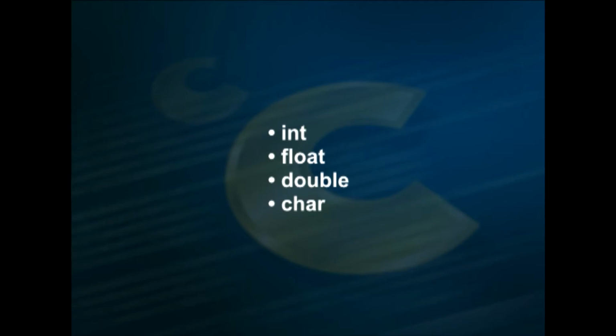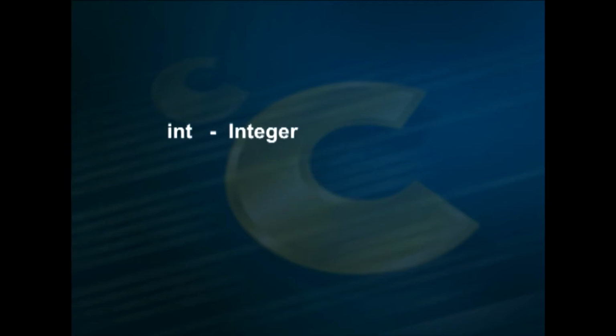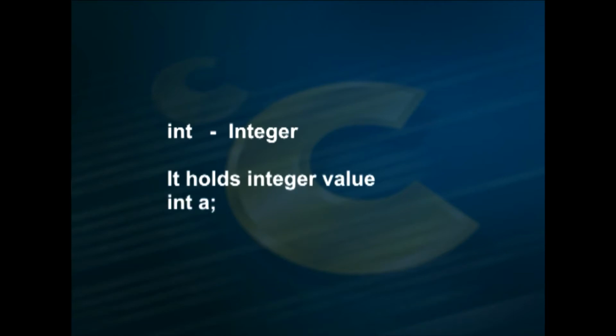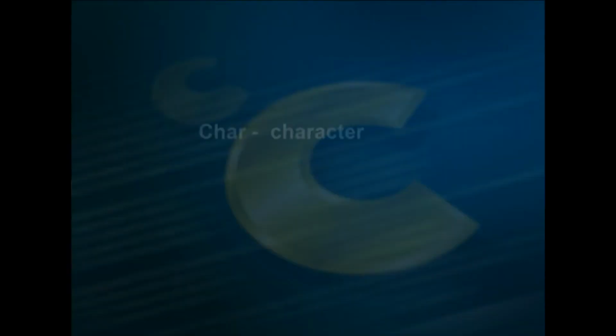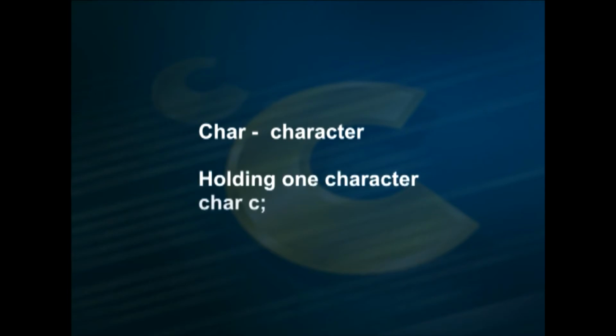Int represents integer, it holds integer values. For example, int a, here a is a variable that holds integer type values. Char represents character, holding one character. For example, char c.